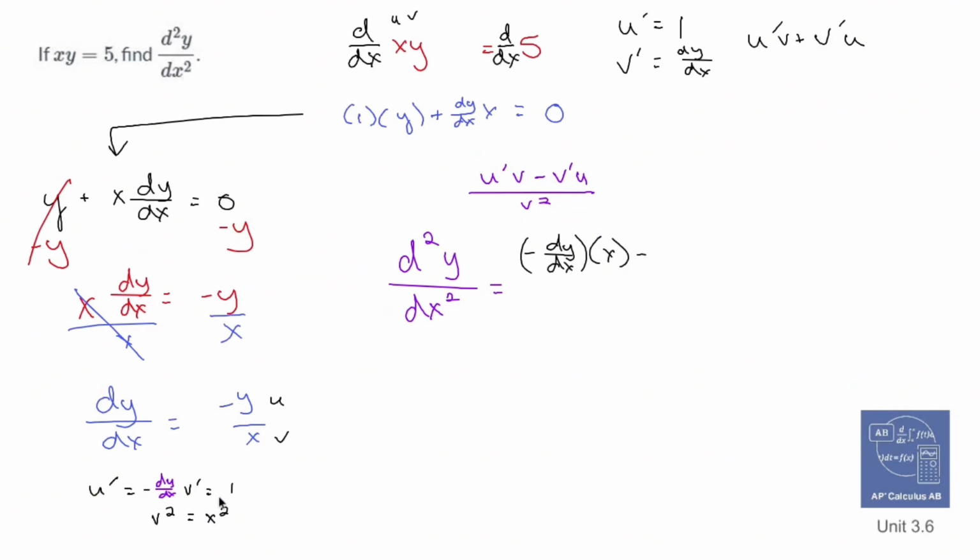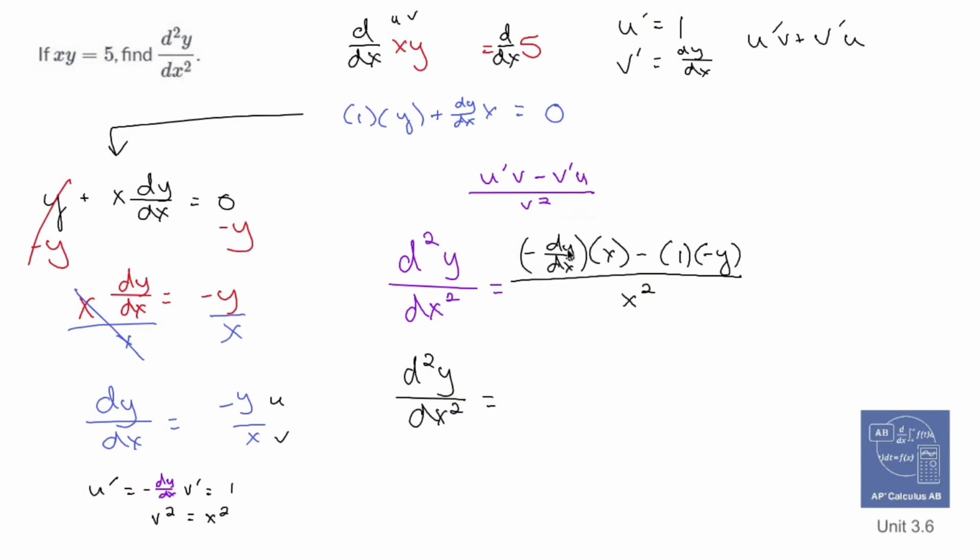Minus v prime is 1. U is negative y. Oh my gosh, this problem's killing me. Over v squared is x squared. Okay. D squared y over dx squared equals, no, wait a minute.